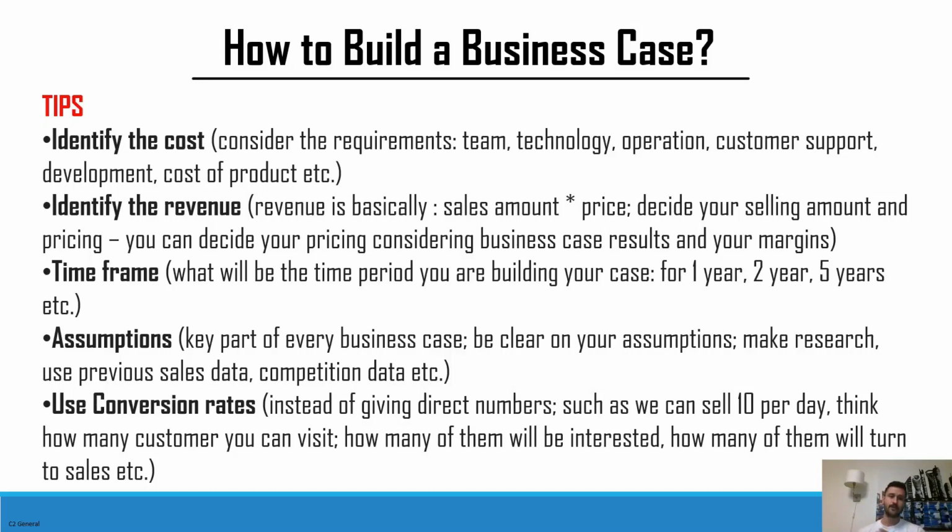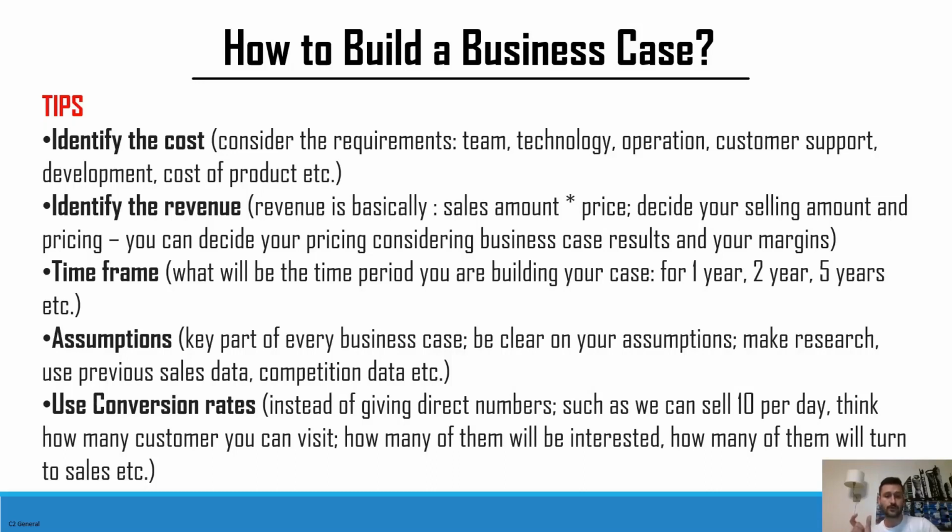Lastly, using conversion rates is a good idea instead of giving direct numbers. For example, before kicking off a project, instead of saying that I can sell 10 of these products per day, it is better to think how many customers you can visit in a day. Let's say that you can visit 1,000 customers with your team in a day, and 10% of these customers will be interested.